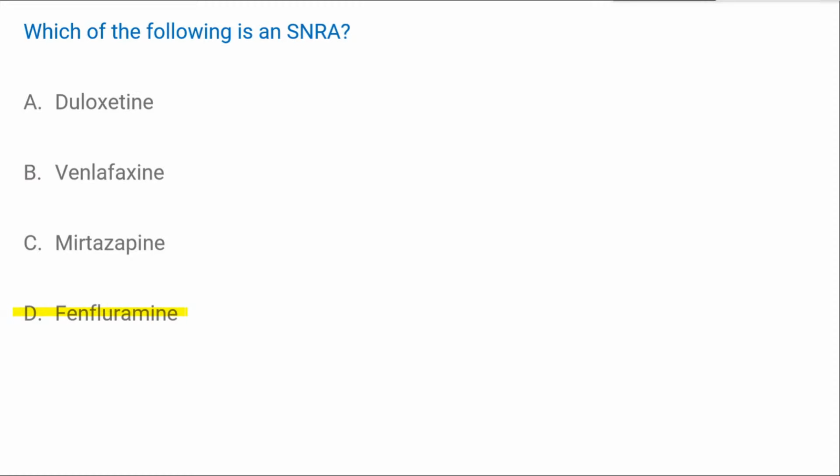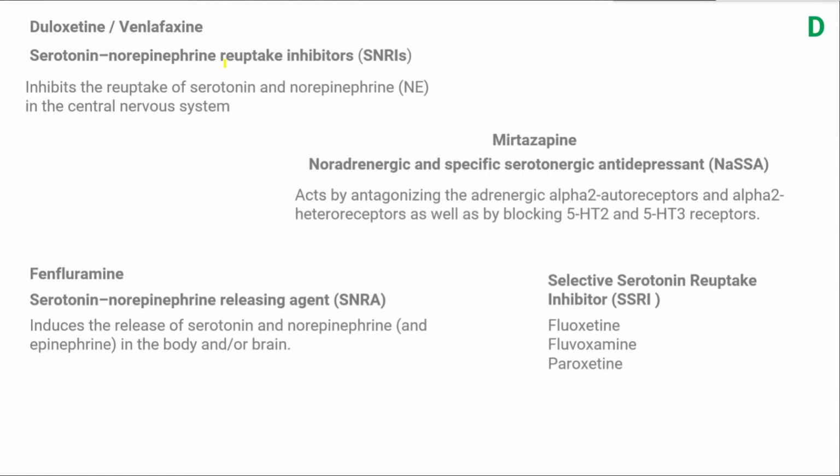These are all serotonin based drugs. Okay. SNRI was our question, meaning serotonin norepinephrine. There is only a minor difference between all these things. Serotonin norepinephrine reuptake inhibitors are SNRIs. SSRIs are selective serotonin reuptake inhibitors.